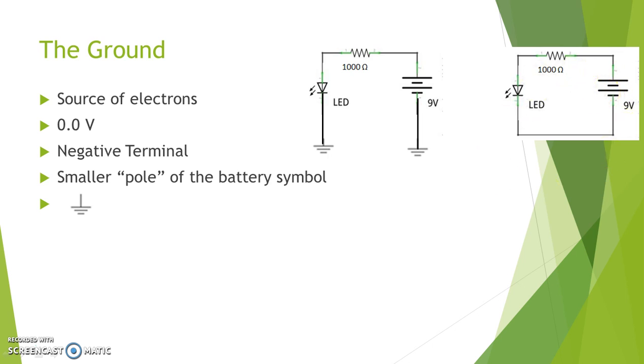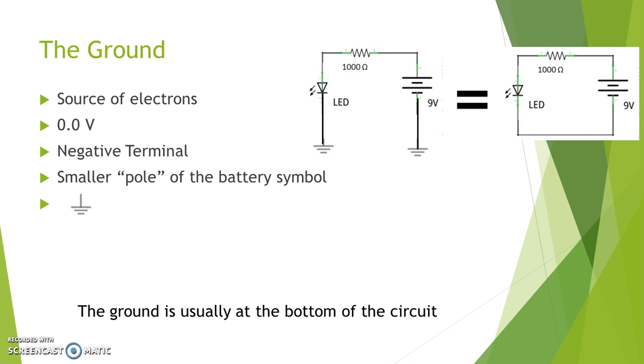So this is pretty clear what this circuit is. This is an identical drawing. Okay? The LED goes down to ground, just like the battery does. So this is an equivalent drawing. These two are absolutely the same. It should be interpreted the same way. And like I said, the ground is at the bottom of the circuit, typically, when possible.